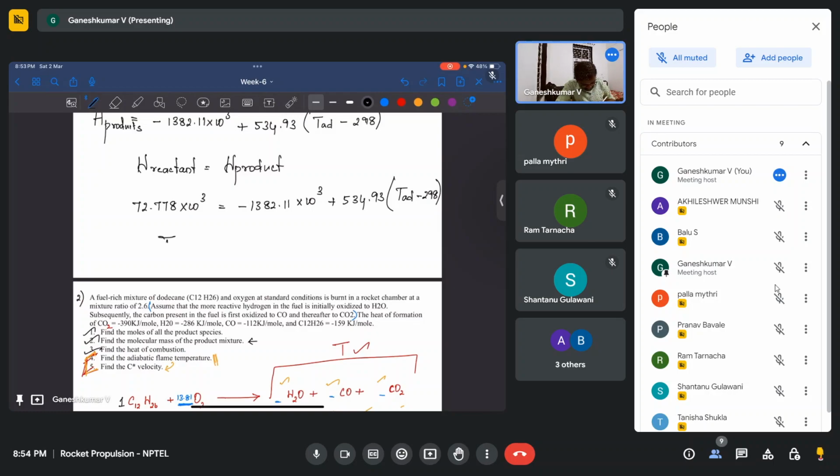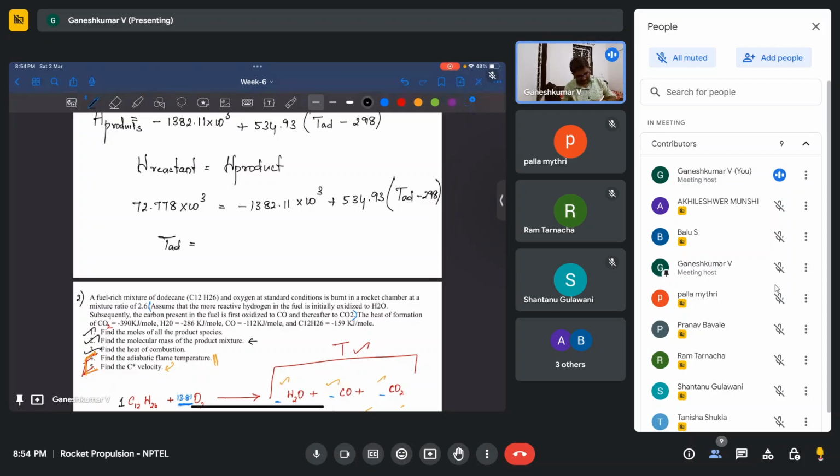So how much does T adiabatic come out to be? This plus 72.778 into 1000 divided by 534.93.